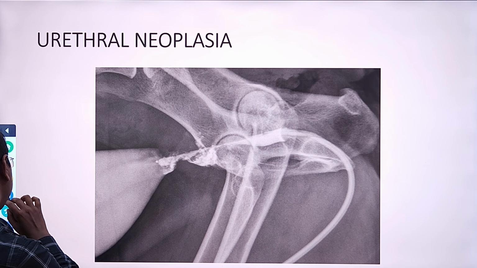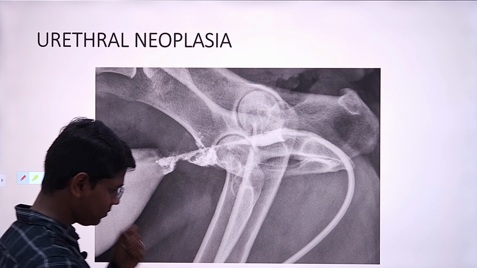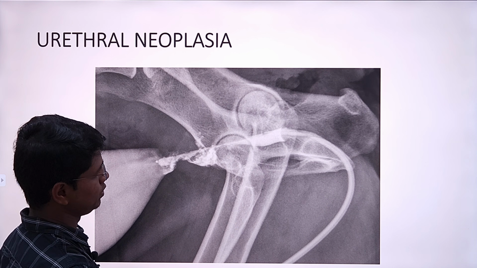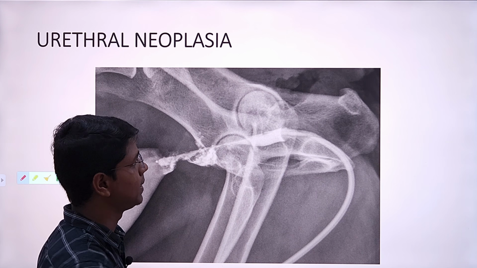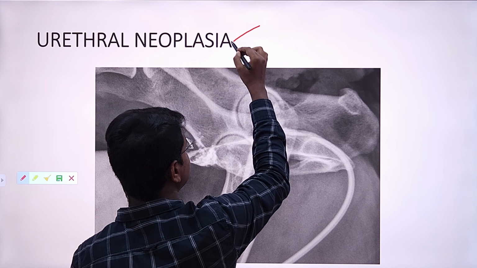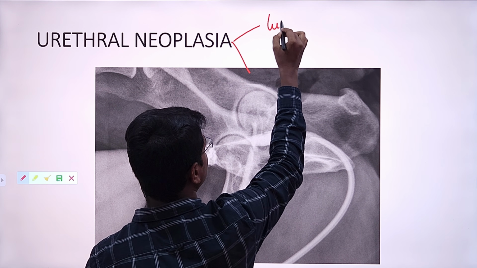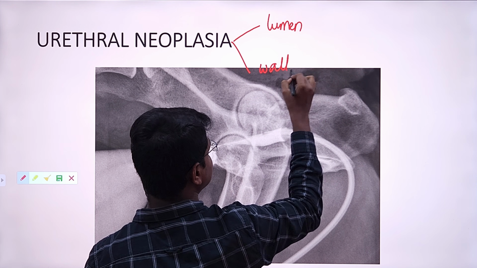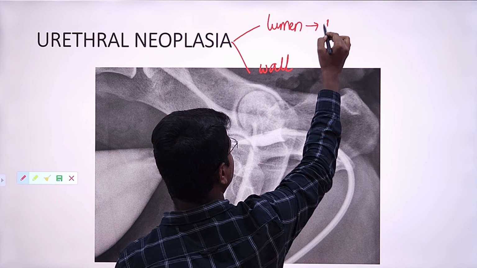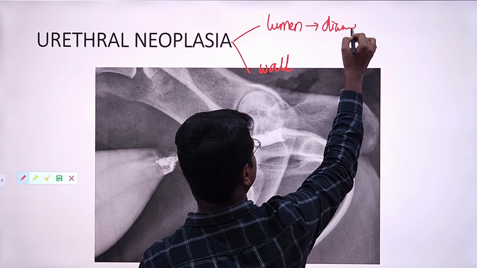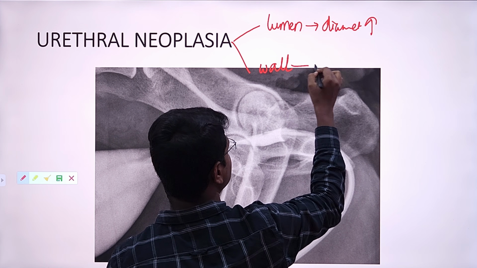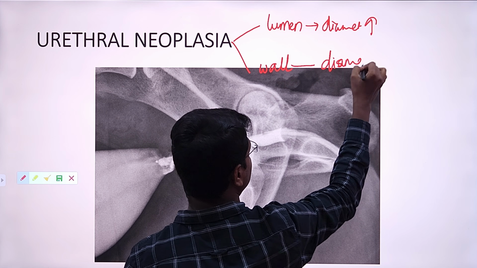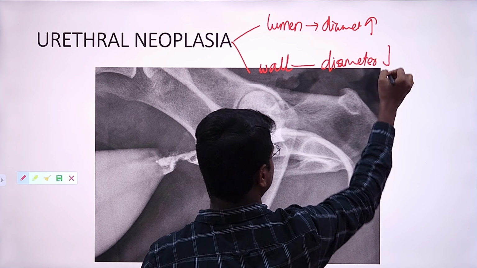Next is urethral neoplasia. In this case you will find some filling defects. Urethral neoplasia can occur inside the lumen or in the wall. When it is inside the lumen, the diameter will increase, while if it is in the wall, the diameter will decrease.